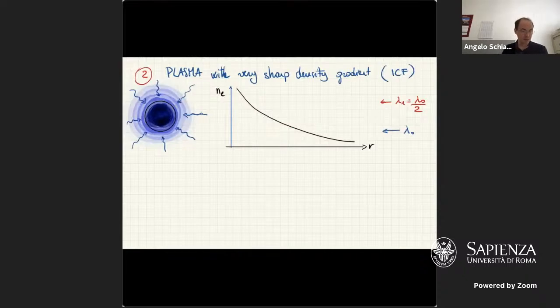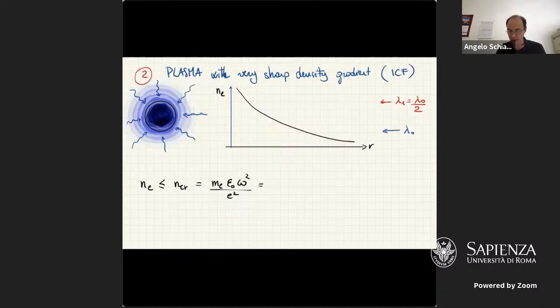So let's remember what is the critical density. We remember that the density of the plasma has to be less than a critical density, which is equal to m_e epsilon naught omega squared over e squared.